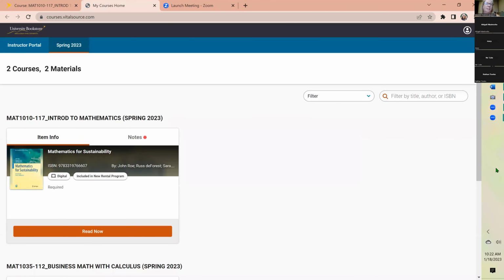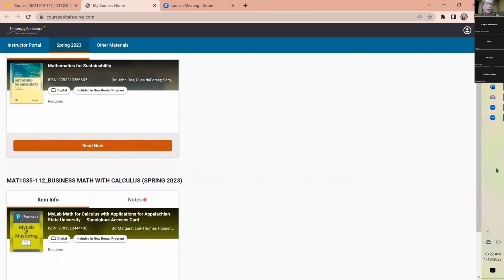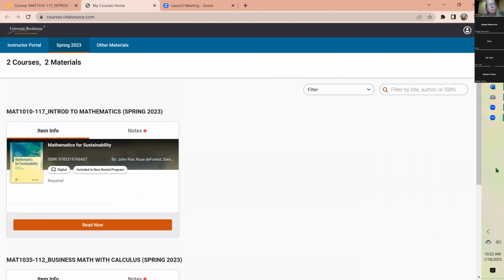I'm not sure if it will show you all of your books, so make sure you're opening the right book because I noticed that mine shows both my classes. So make sure you are opening the Math 1010 book.